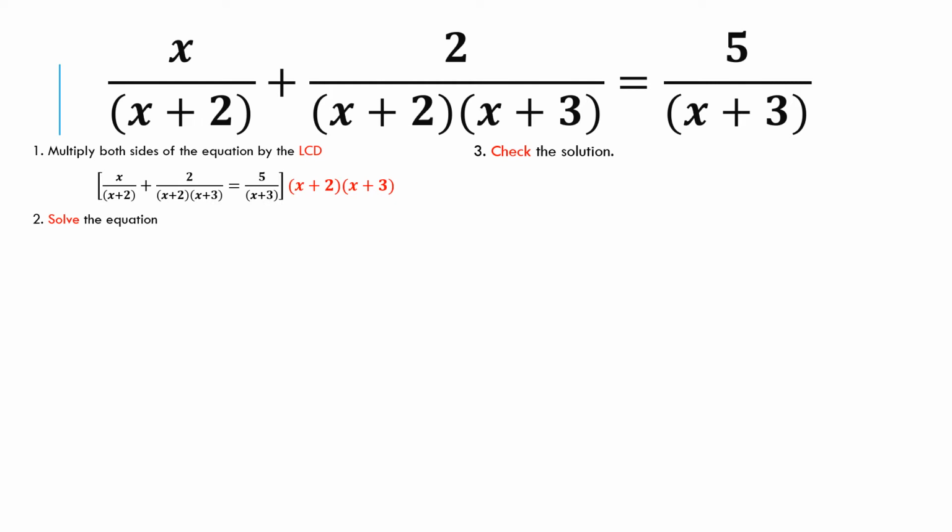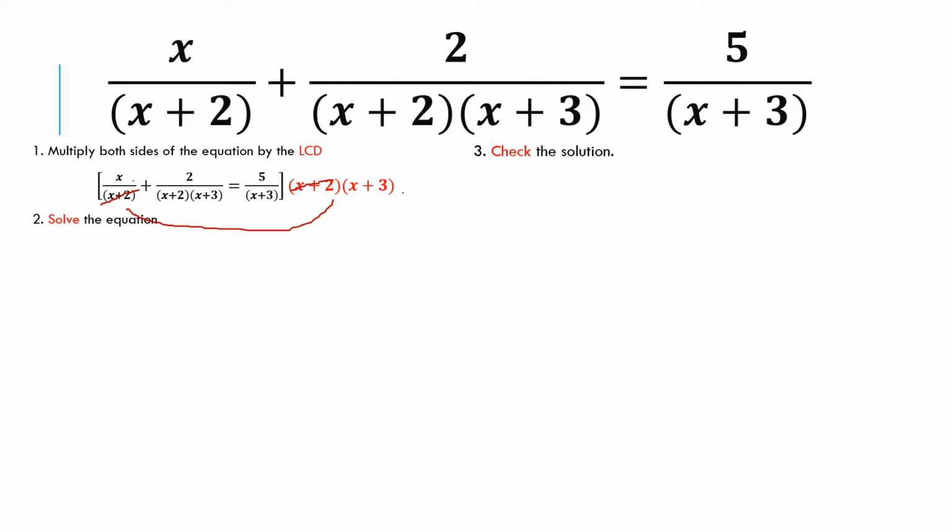Starting with the first term, we have x all over x plus 2 times itong LCD. So, ang gagawin, makancel na siya. Na-divide na natin. Ang matitira, x times the quantity x plus 3.